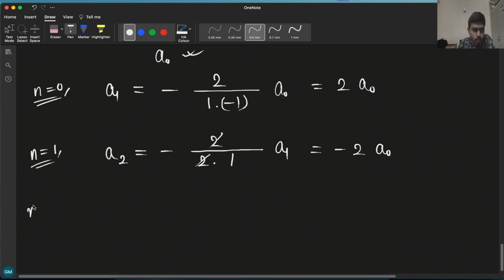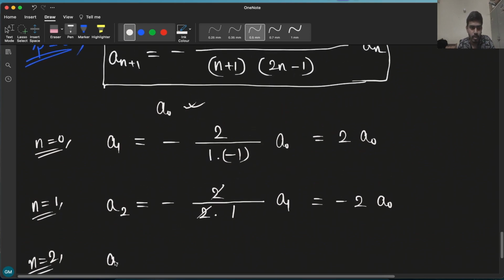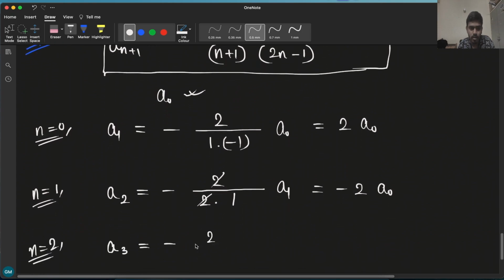And if I put n equals to 2, then from the recurrence relation you can see I will get a3 equals to minus 2 by, okay, let me follow a pattern here. Okay, so you can see I am writing this 2 here as it is, so it will be then 2 square.